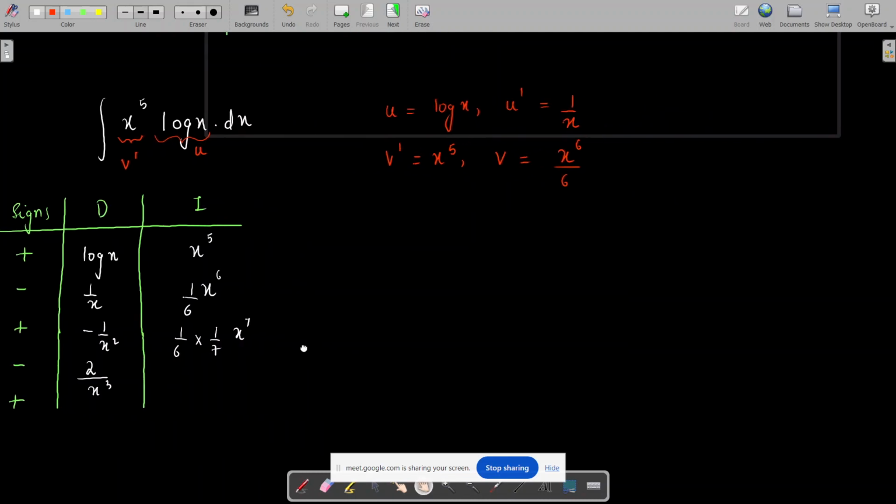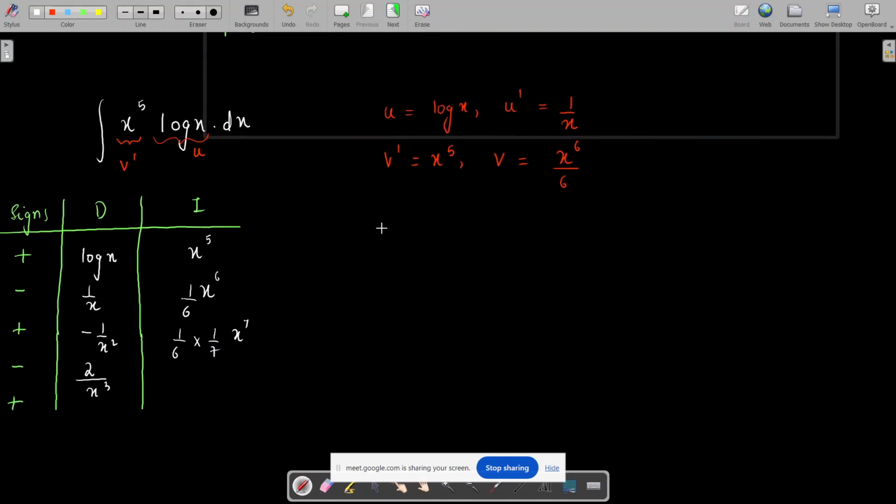The formula is uv minus the integral of the derivative of u times v. So that becomes log of x times x to the power 6 over 6, minus the integral of 1 over x times x to the power 6 over 6 dx.